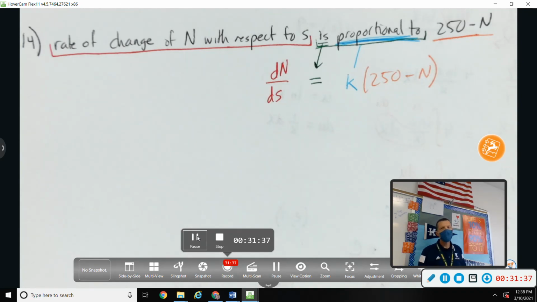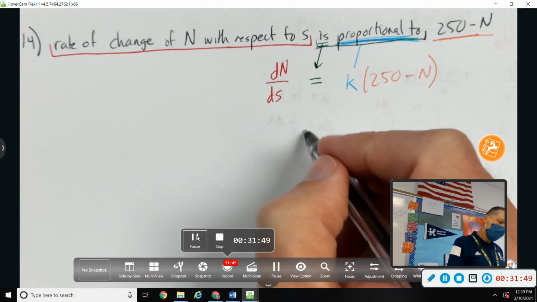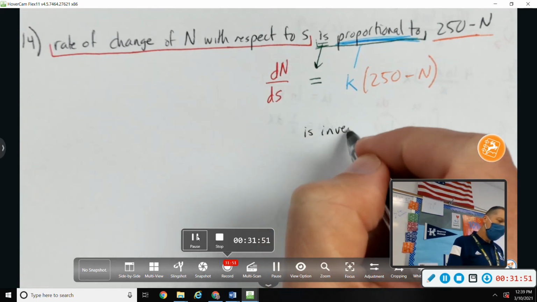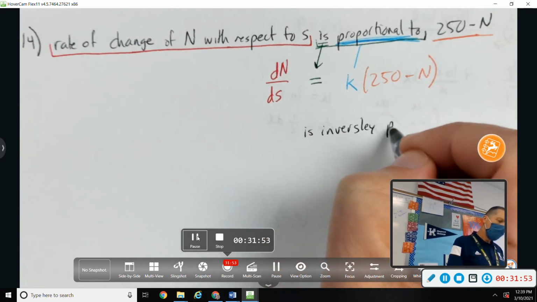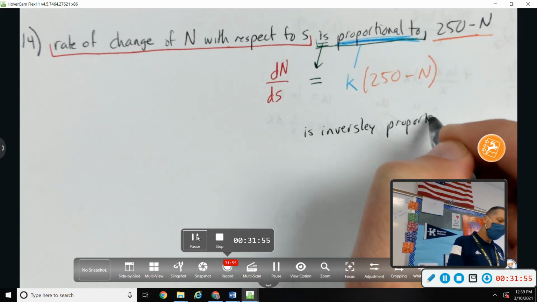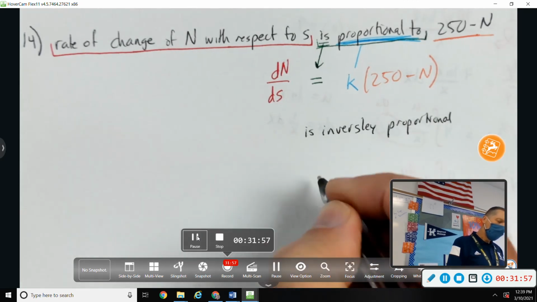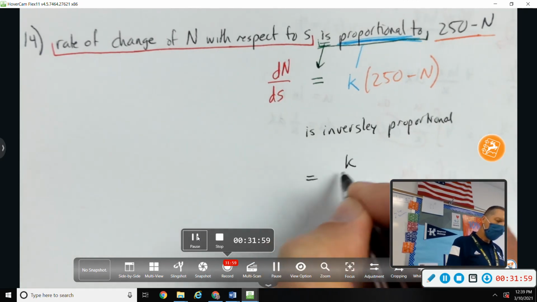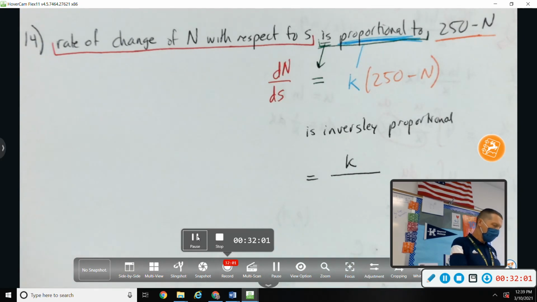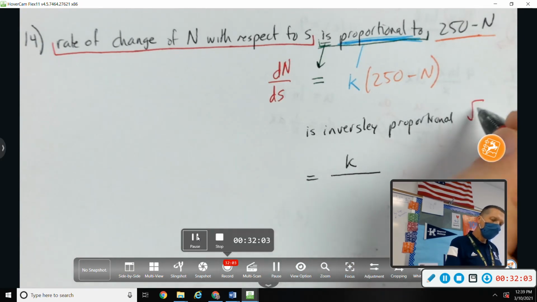So now it's just like 1 through 11. 15 and 16 are similar. So just translating. Although 15 says inversely proportional. Inversely proportional would mean equals k over whatever it's inversely proportional to.